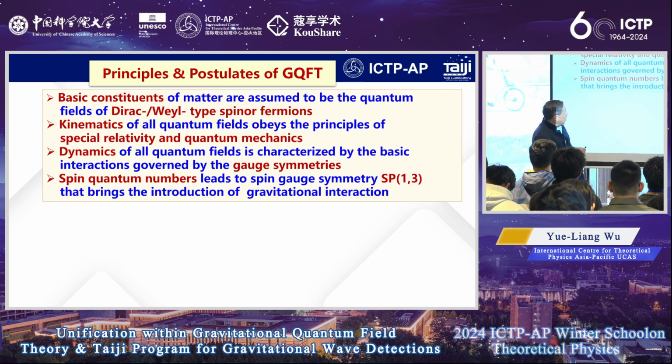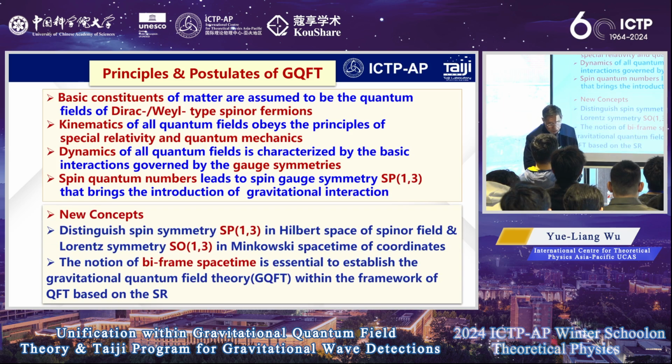So now we distinguish the spin symmetry from the coordinate Lorentz symmetries. We take this spin symmetry to be gauge symmetry. That means all the symmetries of leptons and quarks, the quantum fields, are gauged symmetry, meaning local symmetry. Okay? So that's the starting point.